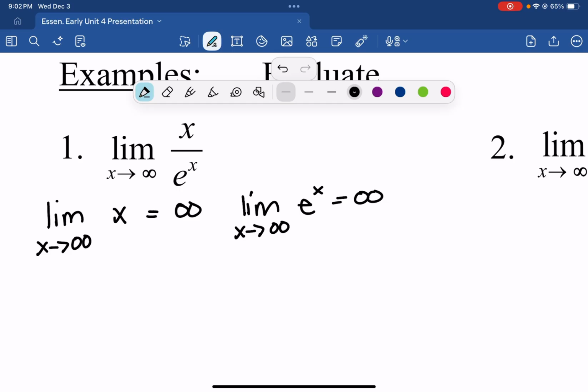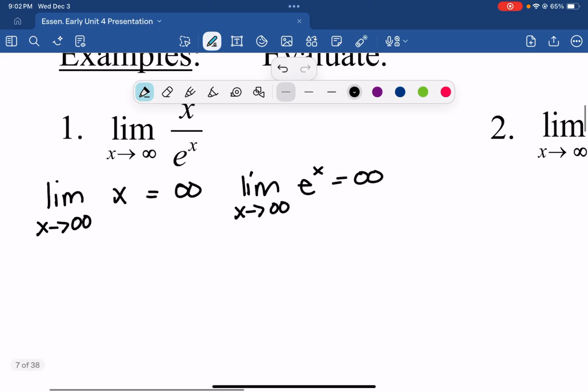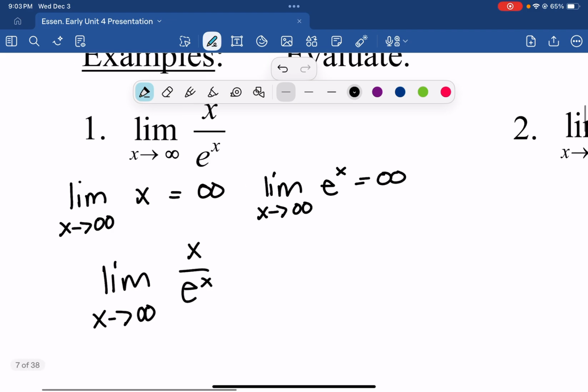Okay, so that's essentially me stating, yay, we can use this, right? That's my justification, okay? So because that's true, we can then look at our limit again. Notice I'm writing out what we started with, okay? And it's not equal to that first line I wrote. The limit as x approaches infinity of x over e to the x is not equal to these two separate pieces that I wrote, okay?